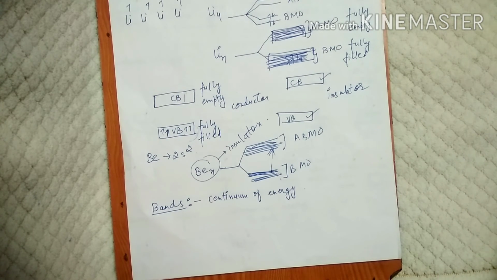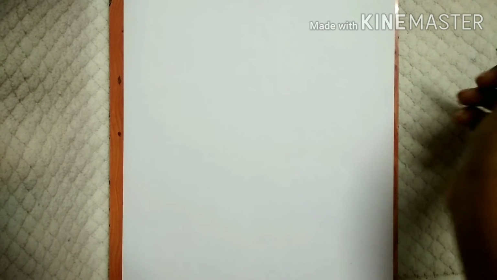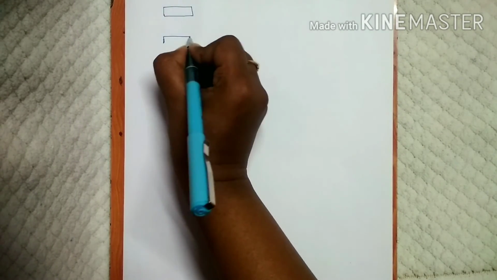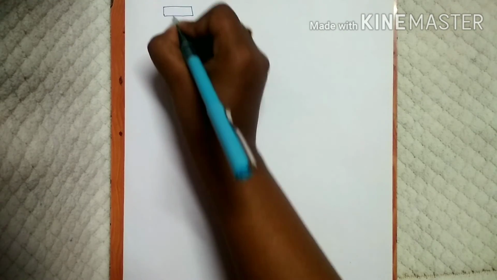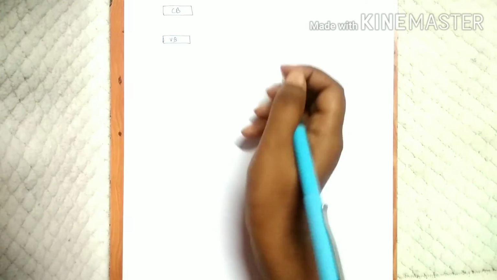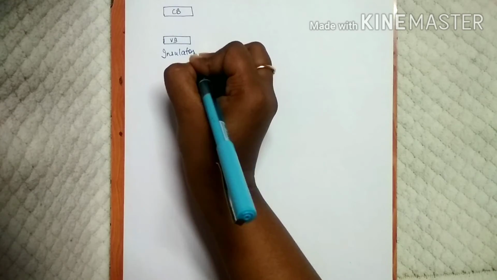In band theory, we also study about the Fermi energy levels, which are your hypothetical energy levels. So now we want to know where these Fermi energy levels are present. So suppose there is a substance having valence band and conduction band like this. So consider a case of an insulator.